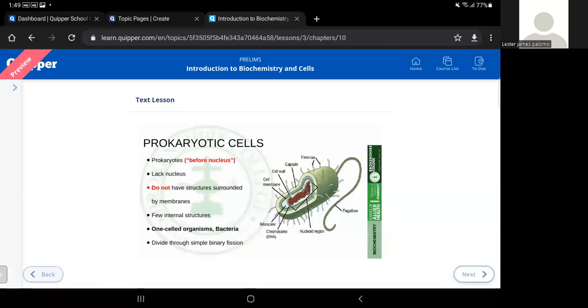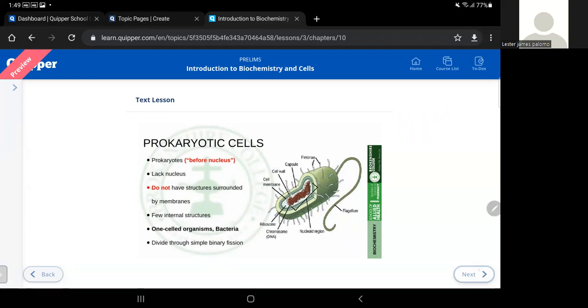And it is a one-celled organism; bacteria reproduce based on binary fission, or splitting into two. From a single cell, it splits into two. So those are the structures of the prokaryotic cell.